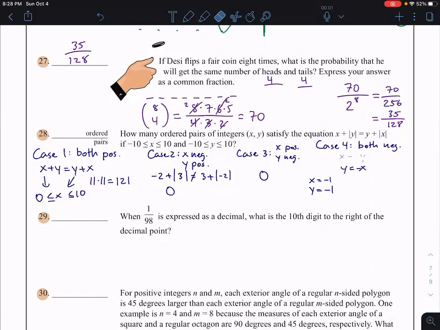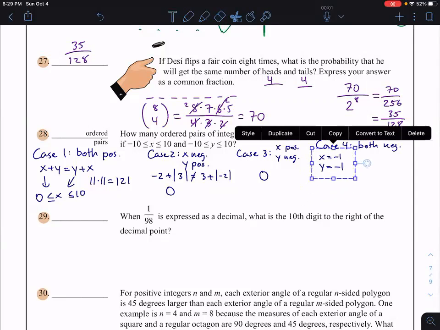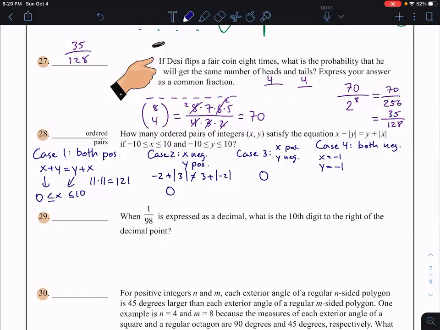Let me erase this. We're out of space. Basically, only cases like -1, -1, -2, -2, only these types of cases will work where both numbers are equal. Let me write that better.